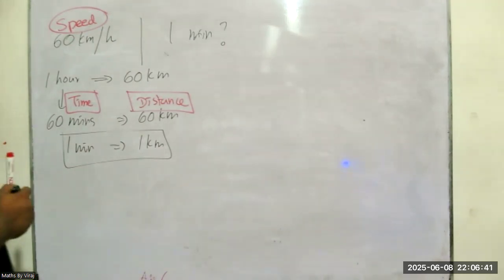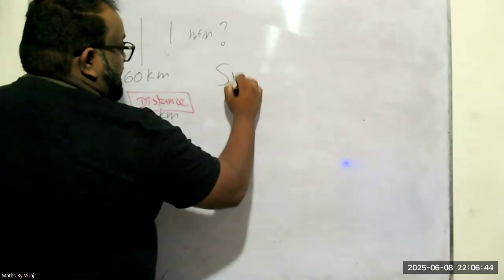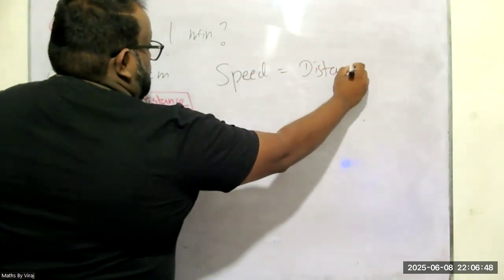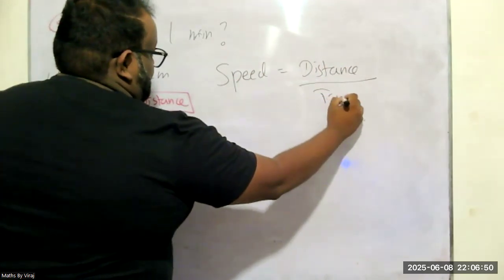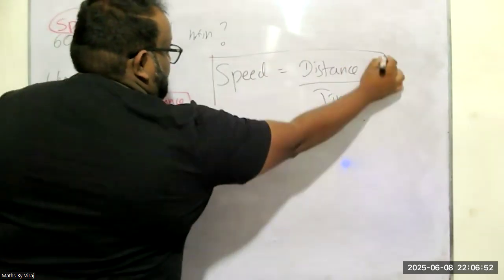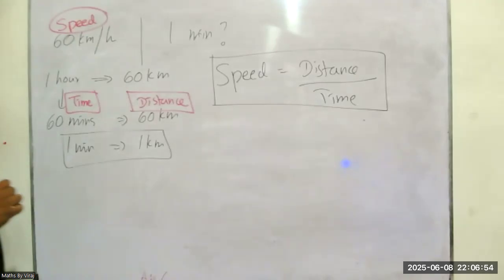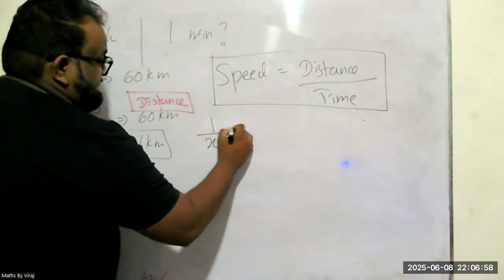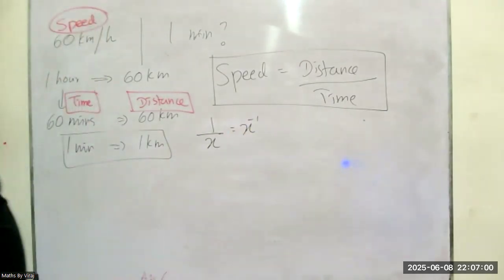Exactly. Right, fine. We say that speed is equal to distance divided by time. Are we clear? We know for a fact that mathematically 1 over x is x to the power minus 1, correct?